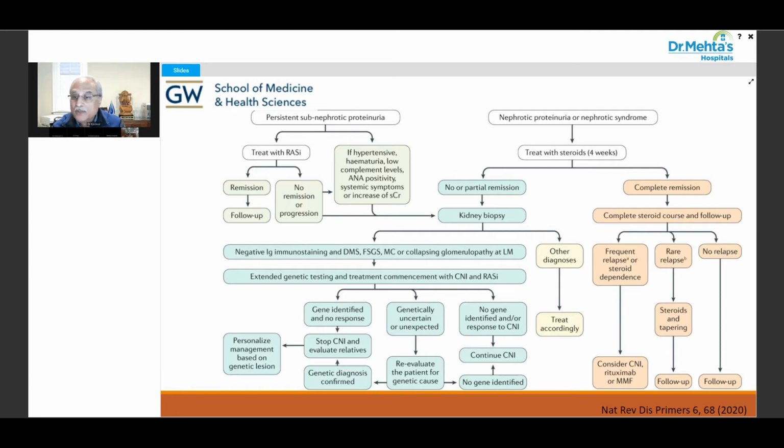We all know how to deal with these complete remission patients. They may go through no relapses, about maybe 5 to 10%. They have rare relapses, and steroids are often utilized for that purpose. And if they have frequent relapses, you talk about CNIs, particularly tacrolimus, mycophenolate, or rituximab in that sequence.